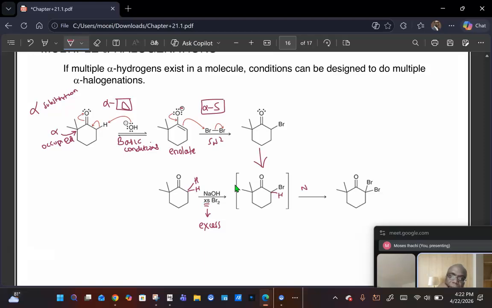Then you add Br2. You get both of them there. So there are multiple ways to add bromine on the alpha carbon. Correct.